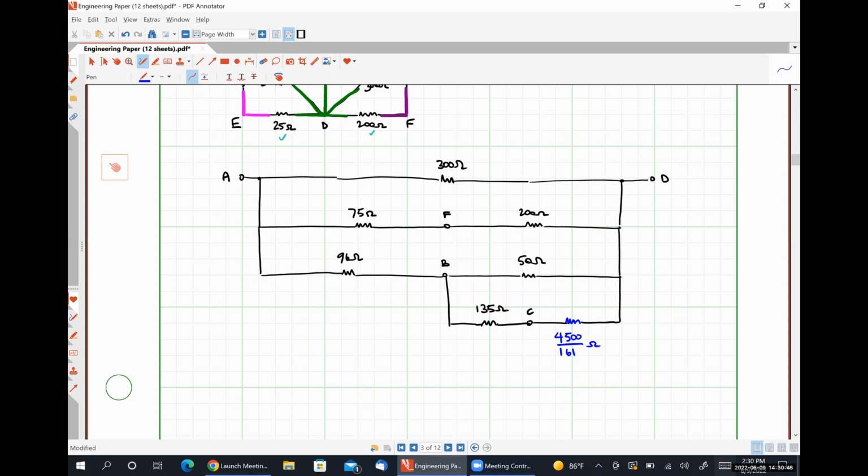So I can combine them together to make a single resistance, which is going to look like 26,235 over 161 ohms. And I can see that this new equivalent resistance is in parallel with my 50 ohm resistor.